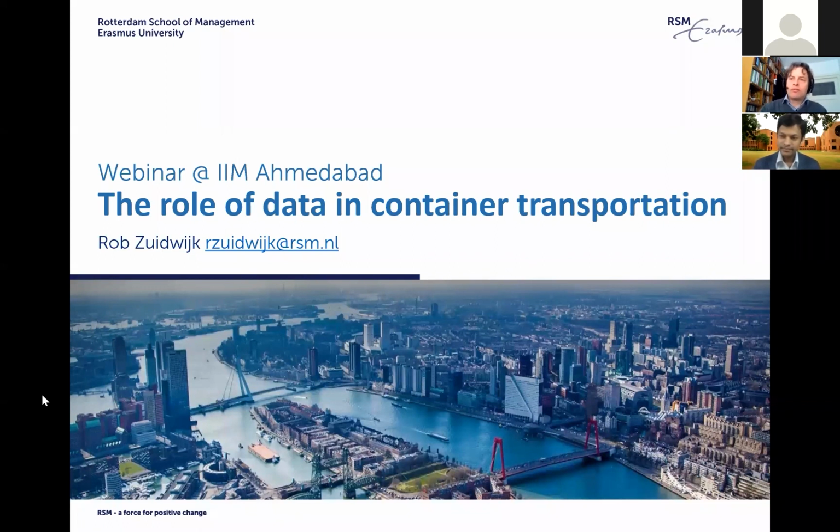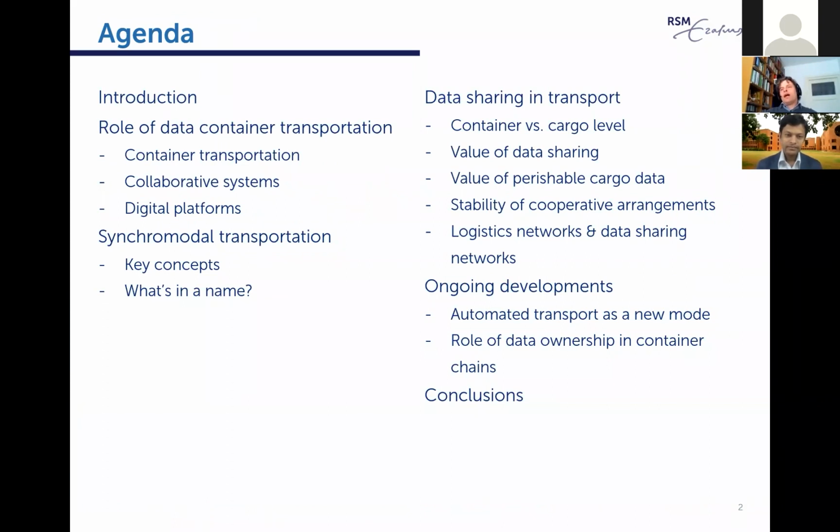So maybe to go over a bit of the contents. I will discuss with you the role of data in container transportation by discussing a little bit about container transportation, the role of information systems therein, and we'll look at some examples. The projects in which I'm involved are both projects with industry, but also sometimes more theoretical projects inspired by industry.